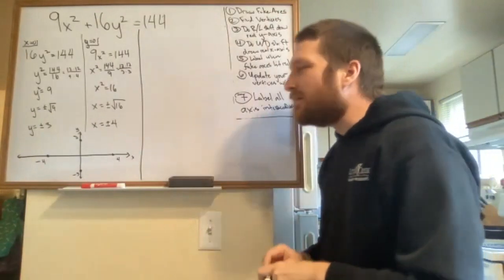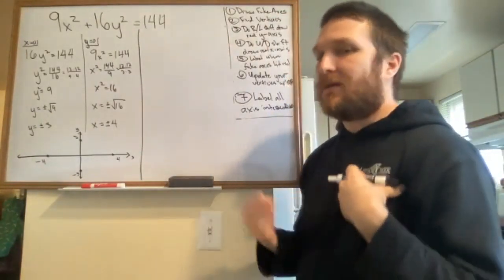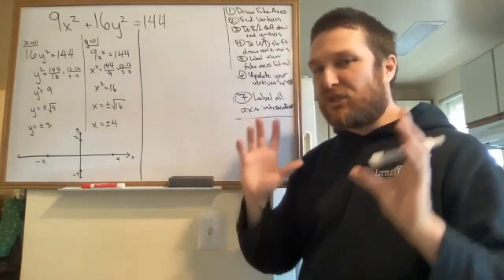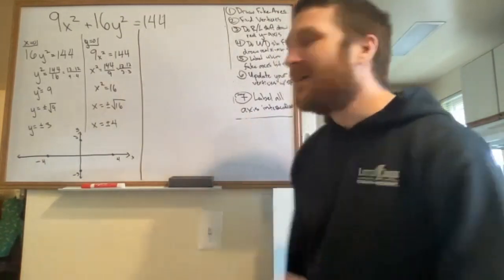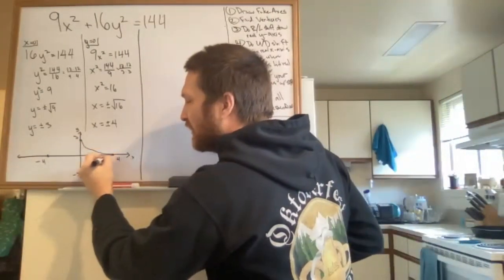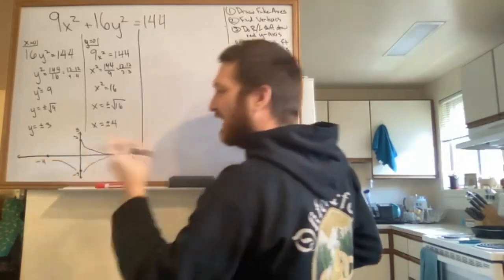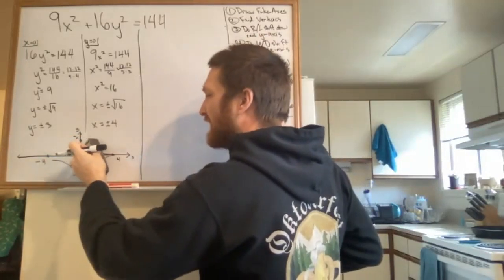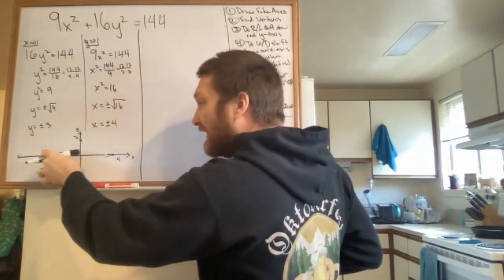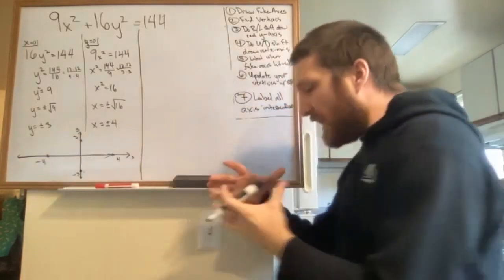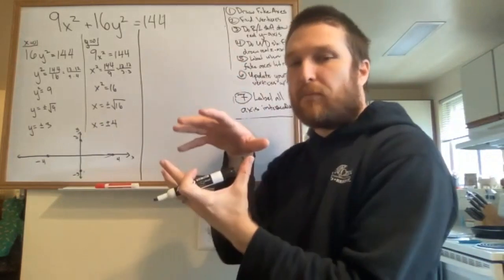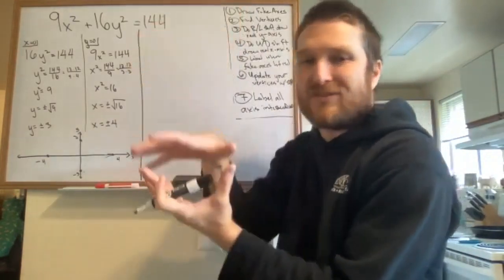And one thing that I gloss over, the book glosses over, everybody's going to gloss over, is why the shape of this thing is the way it is. Like, how do we know that it doesn't come down like this and look like some kind of star thing or whatever? Why is it that it bends out like a stretched out circle? Well, we could go into that the same way as before, when we were dealing with parabolas, and we multiplied a parabola by something, it stretched it in a certain direction.